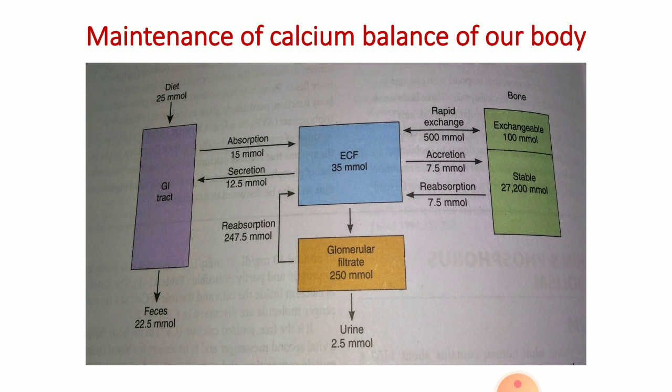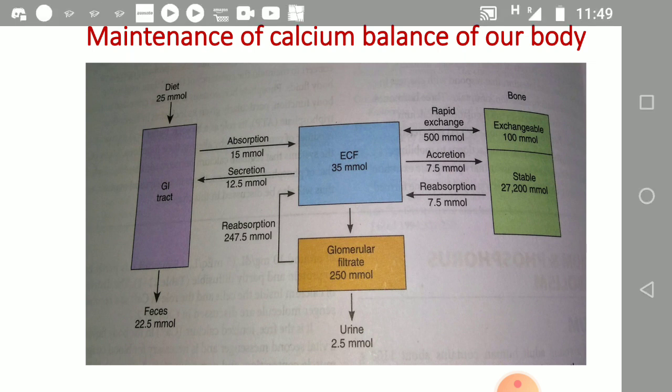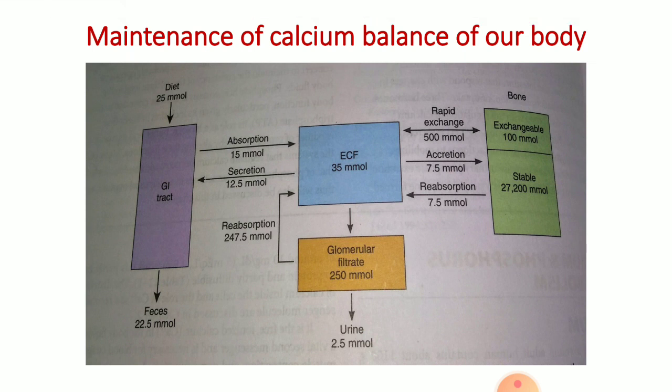So a total of 2.5 millimole we are seeing is being gained in this diagram, but that 2.5 millimole is again excreted through urine.